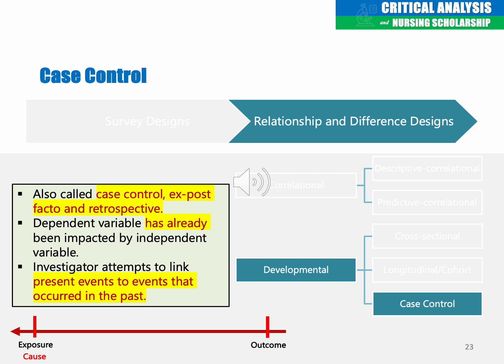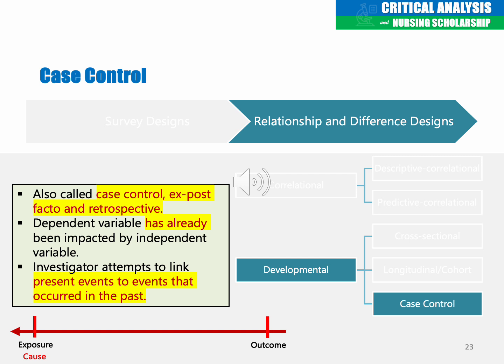Now, the third type of developmental research design is called case control. In some other books, it is called ex post facto. In some other books, they call it retrospective. In case control design, researchers compare people who have a certain condition or outcome with those who do not, and look back in time to identify potential causes or risk factors.